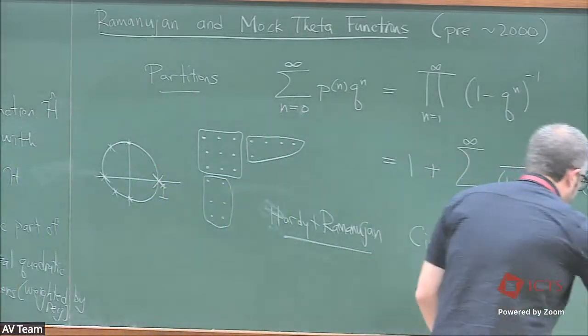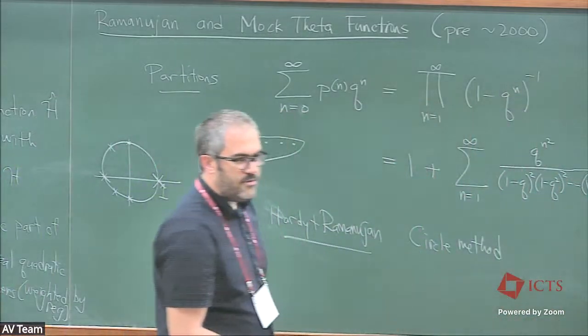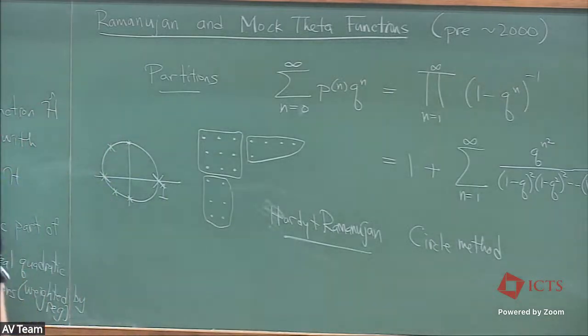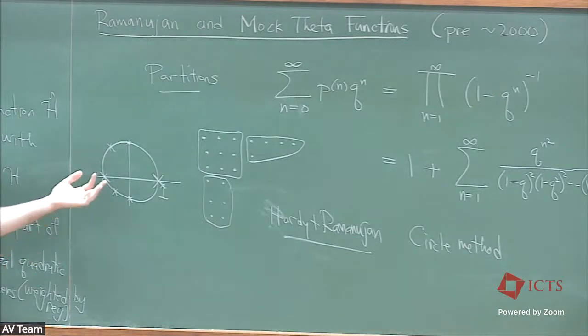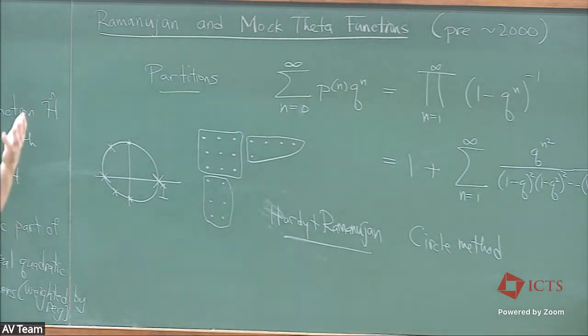There's a scene in the film, I don't know if you've seen the film, The Man Who Knew Infinity, where Ramanujan comes in to Major MacMahon's office, and he's computed P of 200 using the circle method. And Major MacMahon also has computed P of 200 using a table. And Ramanujan reads it off to him, and MacMahon just says, "Oh, you're within 2%."